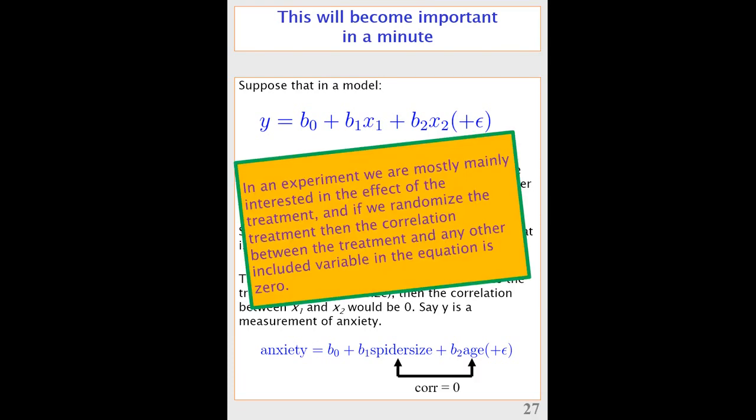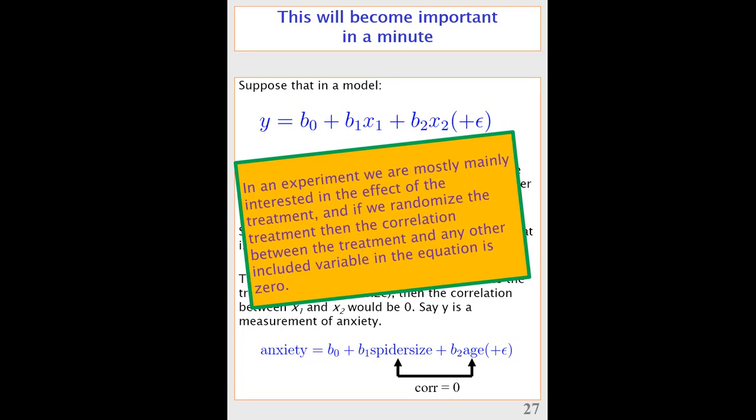Now the claim that I want to make here, and that we will need in a minute, is, first of all, if it's an experiment, then typically what we're interested in is not so much the effect of age. You may want to take it into account, but we're trying to figure out if this one is working or not. The spider size thing, does that have an effect? So we're interested mainly in only that coefficient, you could argue.